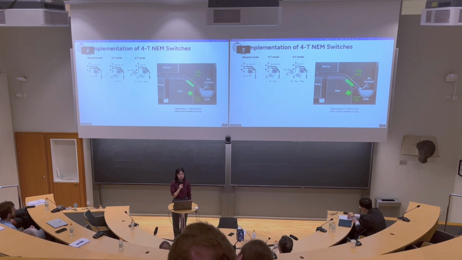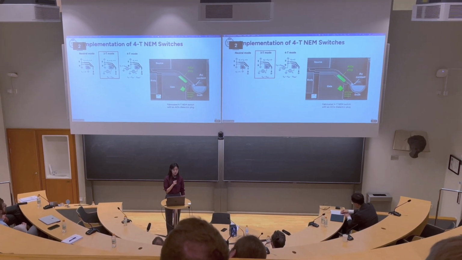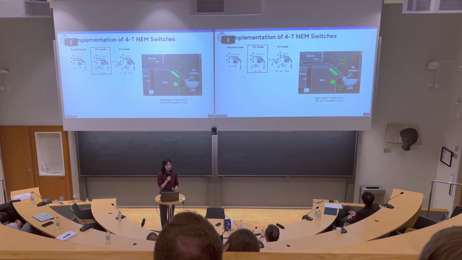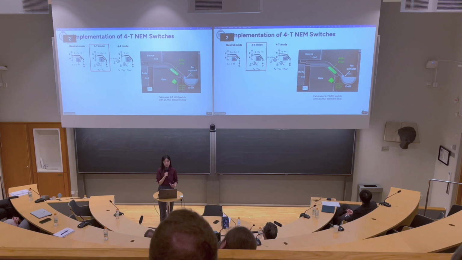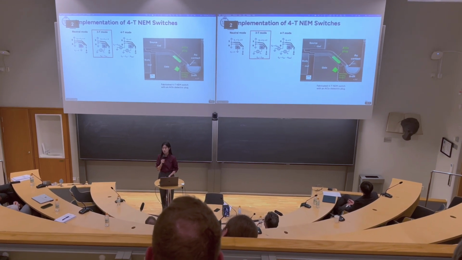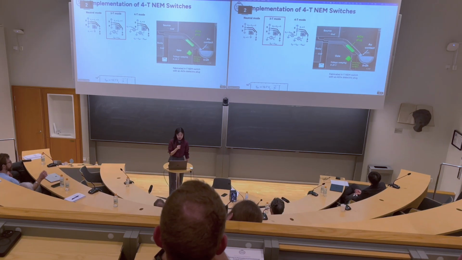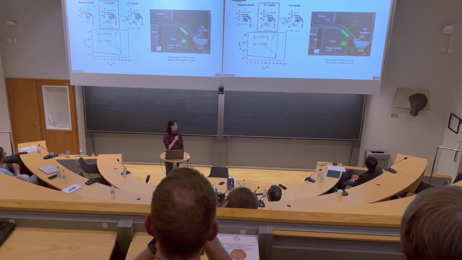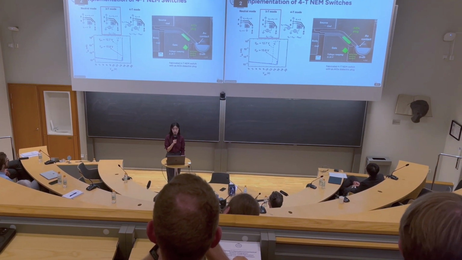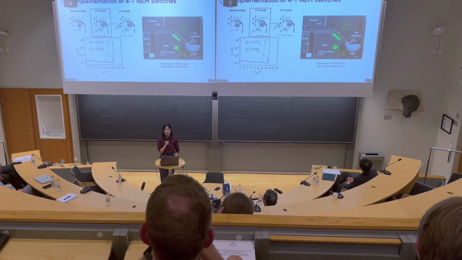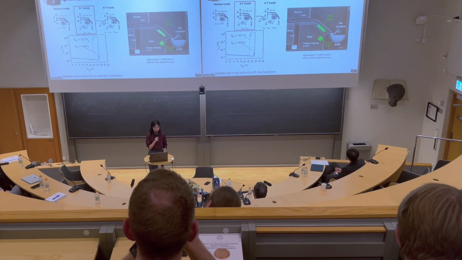If we activate it as a 3-terminal switch, we ground both the source and body terminals, put a bias voltage on the drain terminal, and sweep the gate voltage from 0 to 20 volts. Then you can see a pull-in voltage at around 15.8 volts, and a pull-out at around 12.7 volts.